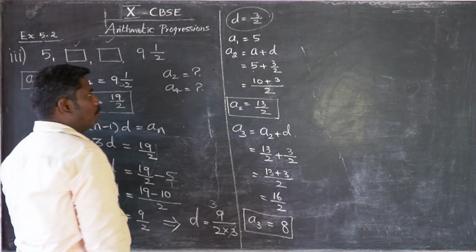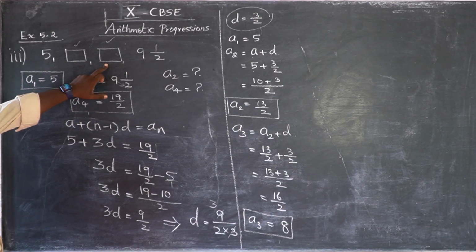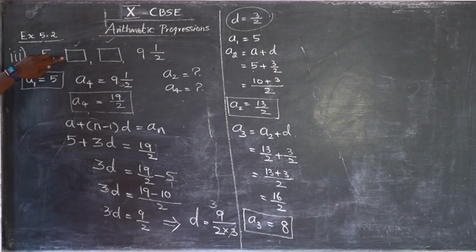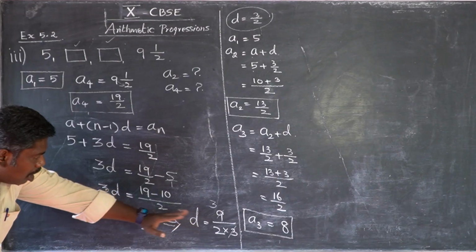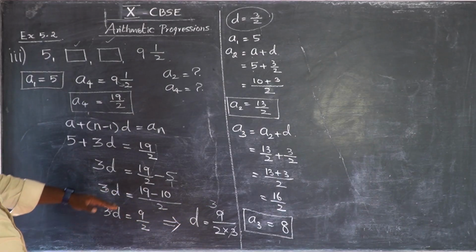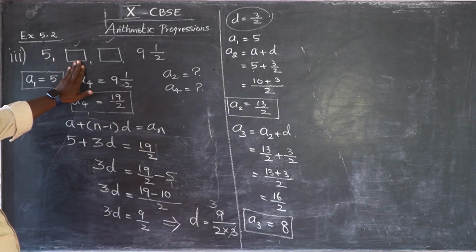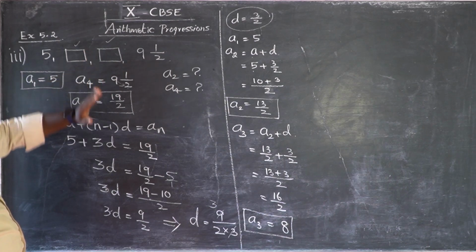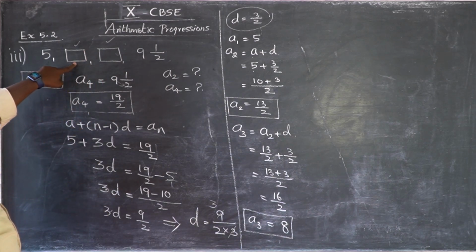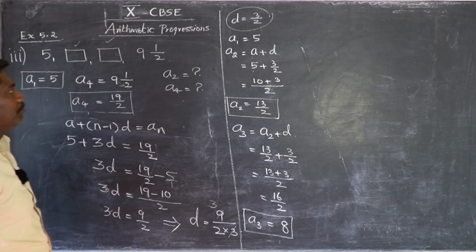So in this question there are two missing terms, one is the second term, another one is the third term. By using the fourth term, we find the value of common difference D. By using the D value and the first term, we can find the second term. By using the second term and common difference, we can find the third term. So second term is 13 by 2, third term is 8.